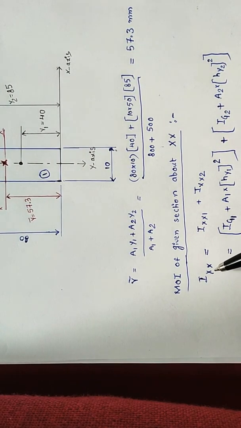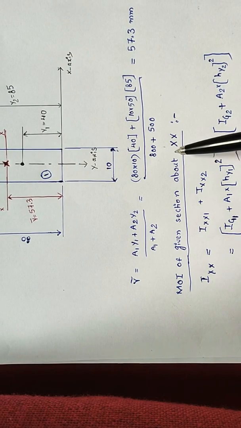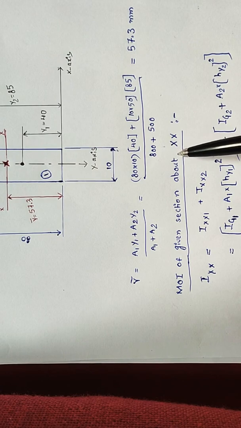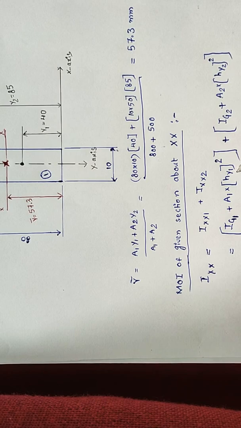Whenever you find the moment of inertia about xx, because we have to find the moment of inertia about yy also, at that time we will take these distances as hx1 and hx2.